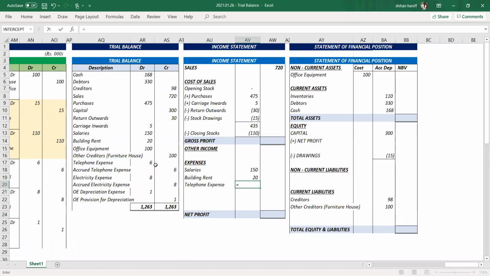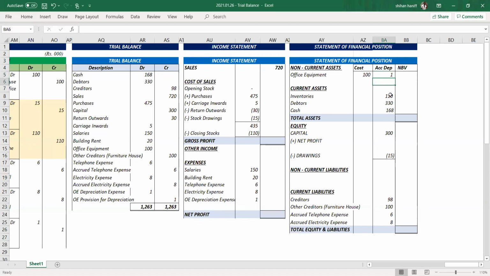Telephone expense is 6,000. Accrued telephone expense is 6,000. Electricity expense is 8,000. Accrued electricity is 8,000. Depreciation is 1,000.